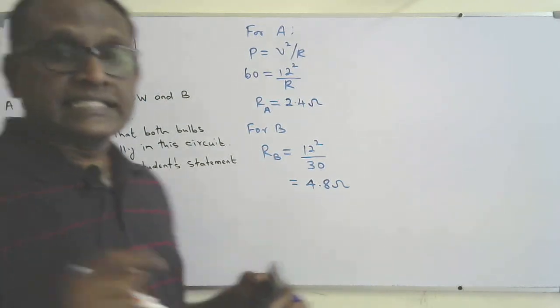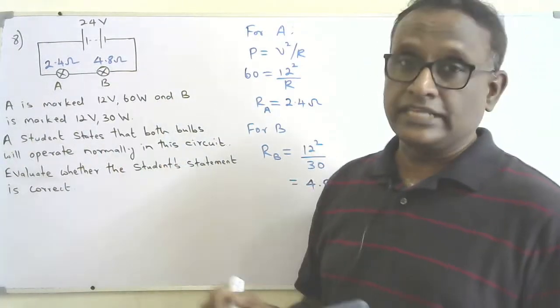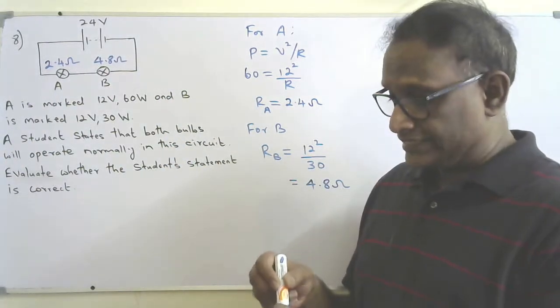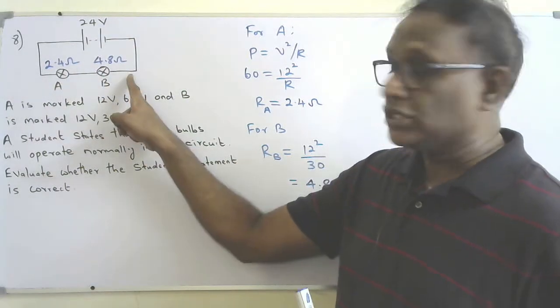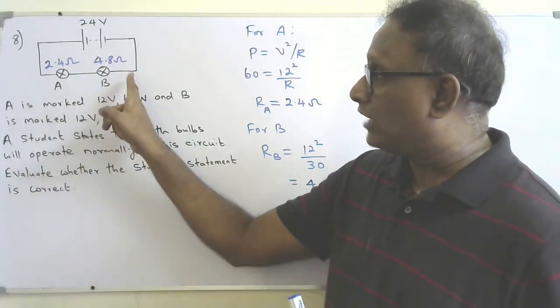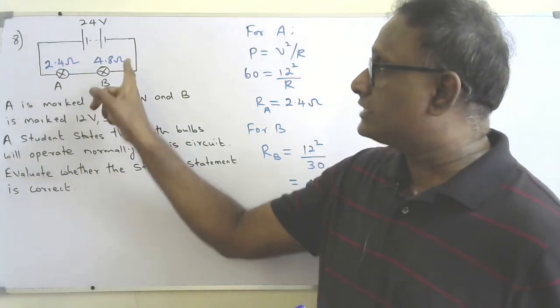You know, in series connection, the total applied voltage will be divided across them according to the ratio of their resistance. So the 24 volt will not be divided across them equally as 12 and 12. It will be divided at the ratio of 2.4 to 4.8.